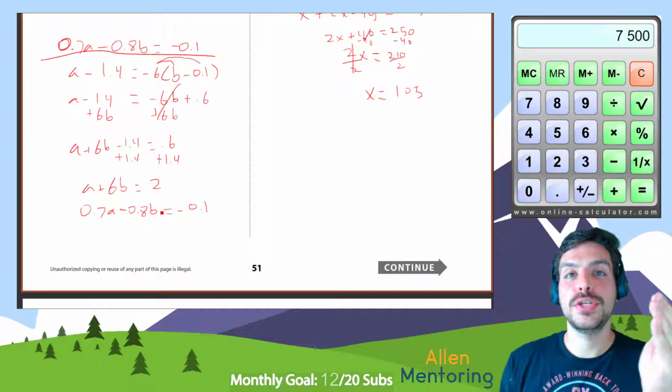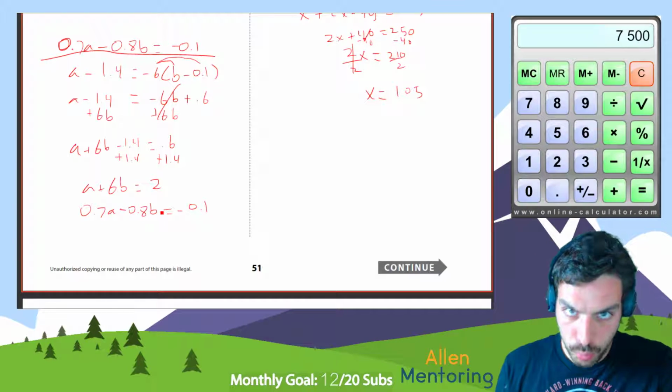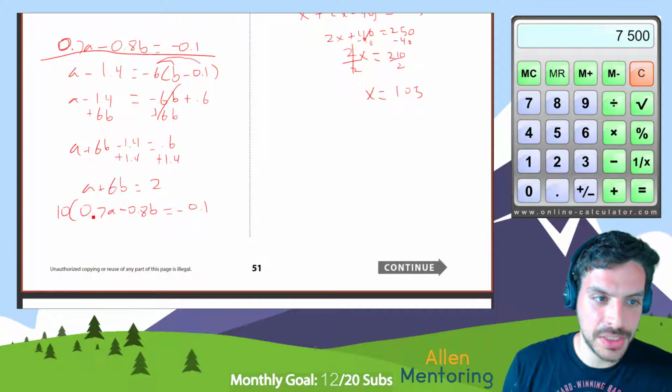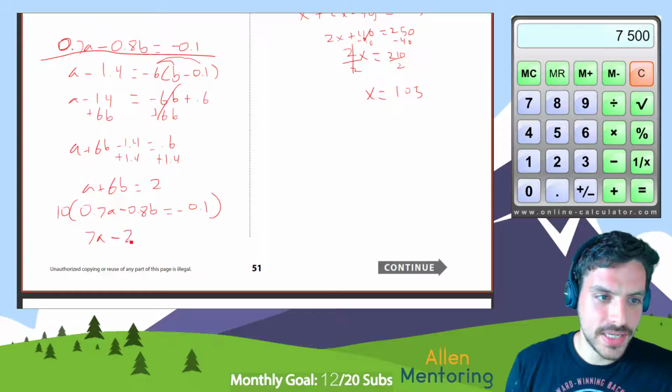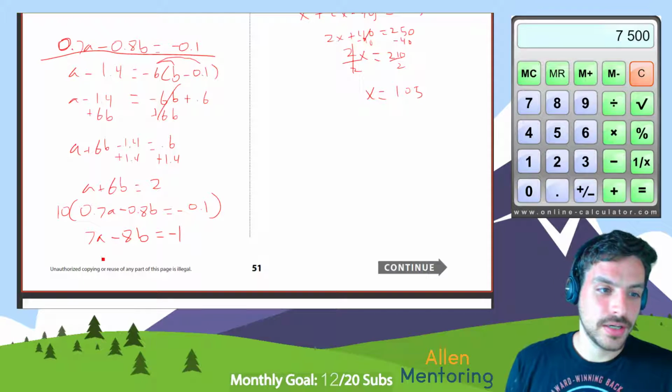What that allows us to do is move the decimal place one place over. So it becomes 7a minus 8b is equal to negative 1. That makes it a lot easier, right?